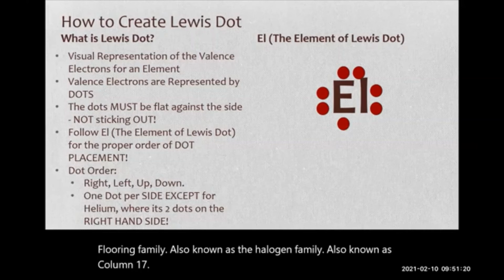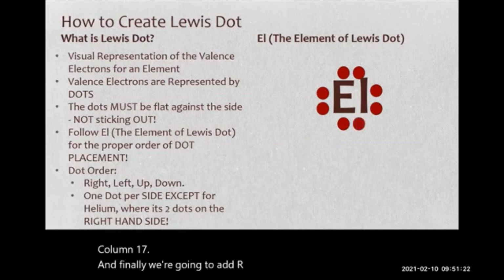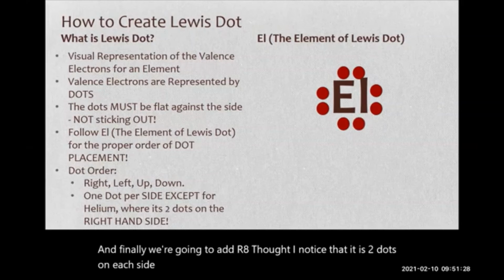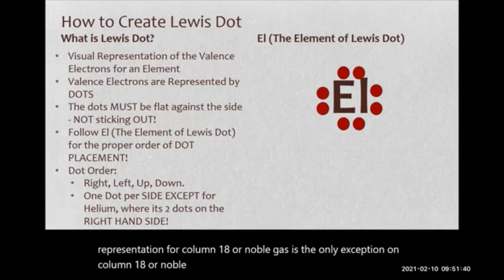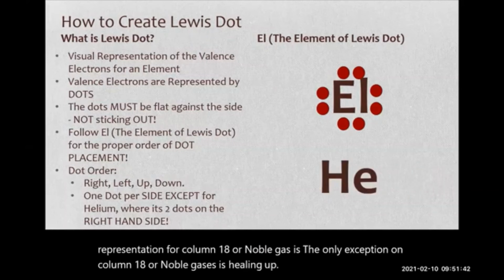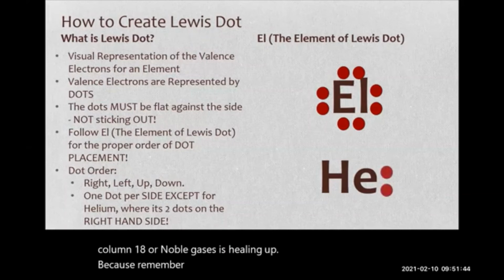And finally, we're going to add our 8th dot, and notice that it is 2 dots on each side, completely flush, and this is the Lewis dot representation for column 18, or noble gases. The only exception on column 18 is helium. Because remember, helium has 2 dots on its side, showing that it has a completed orbital.